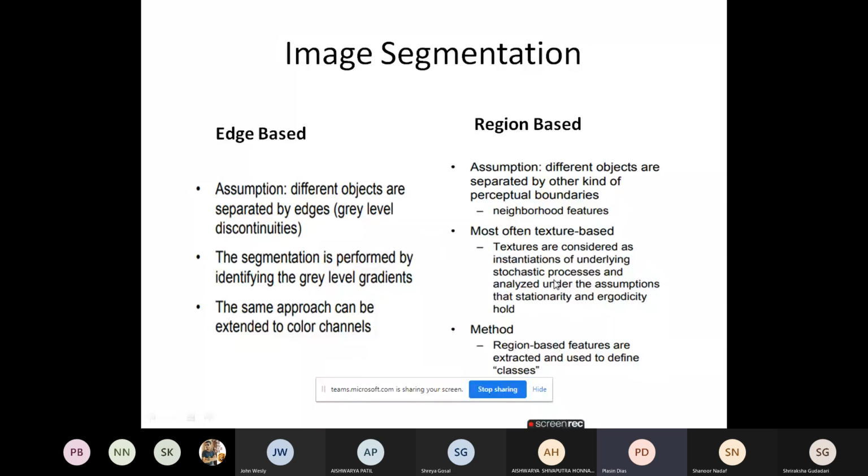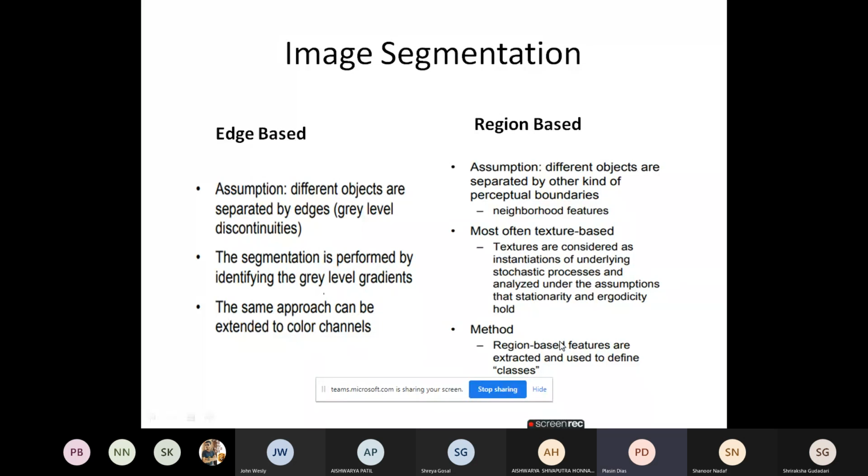Through a stochastic process, it is analyzed in region based. Then in edge based, segmentation is performed by identifying gray level. Here we are going to analyze it through some process. So this can be extended to color channels.